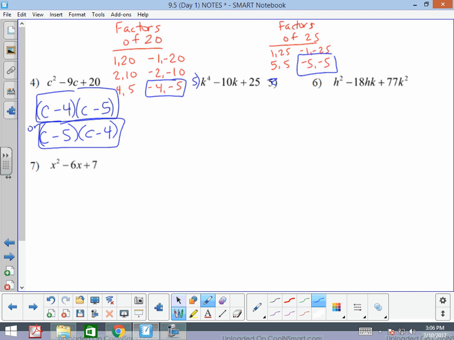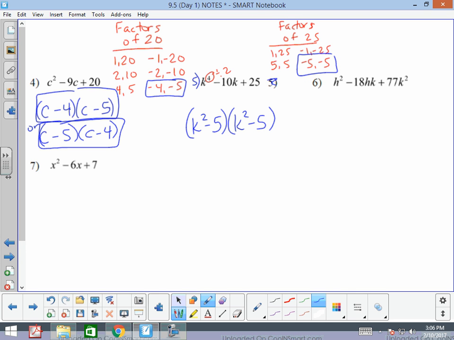Okay, so negative 5 and negative 5. Remember how I said the first term, we're going to take its exponent and divide by 2. If it's even, divide it by 2. So that means I have k squared and k squared in the first positions in each parentheses. Then I have minus 5 and minus 5.